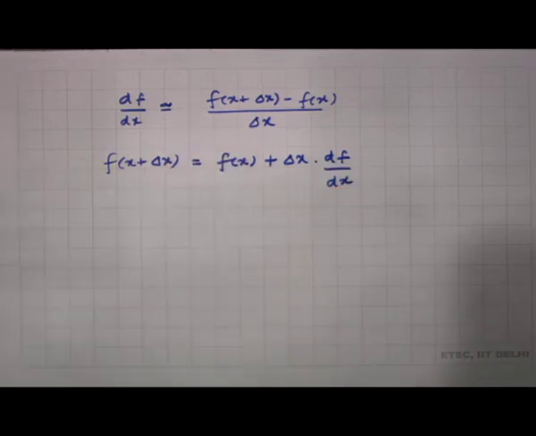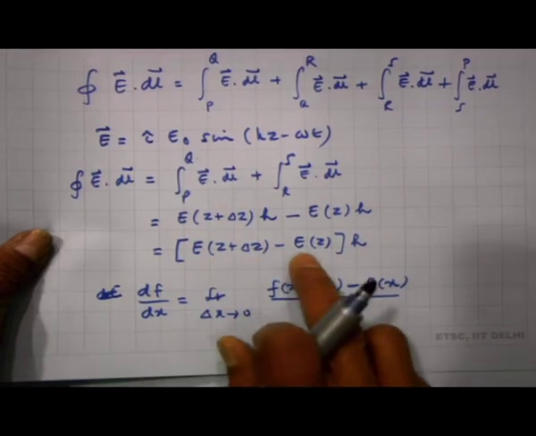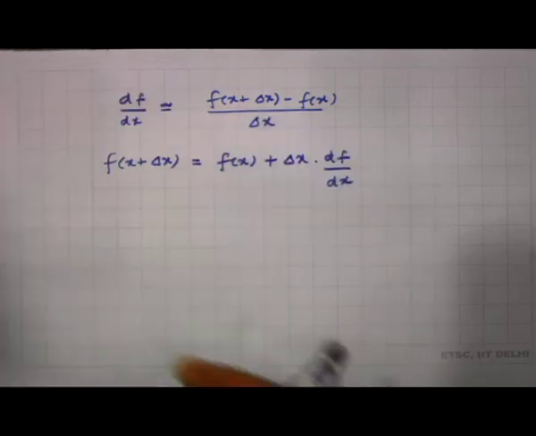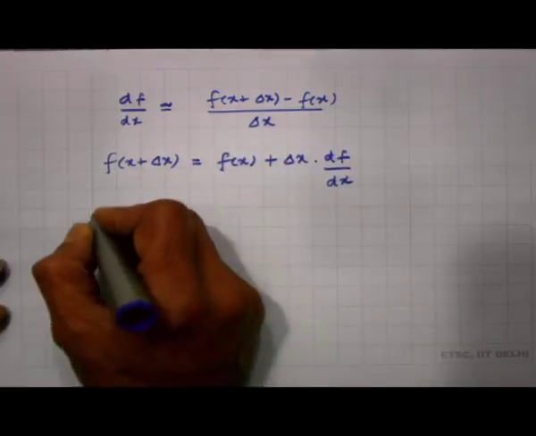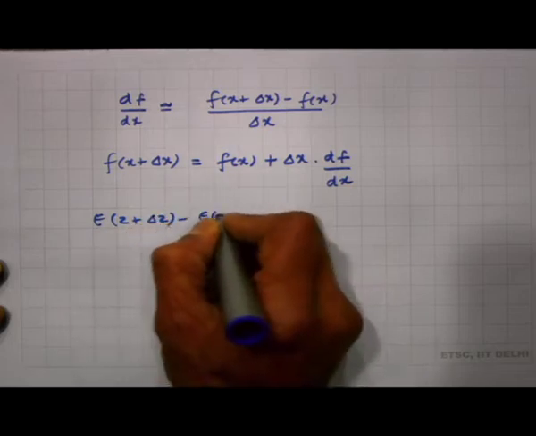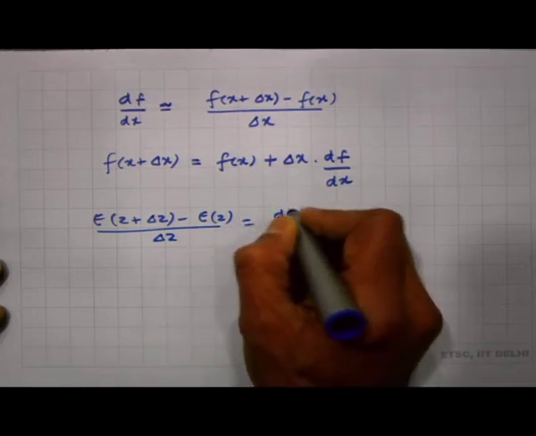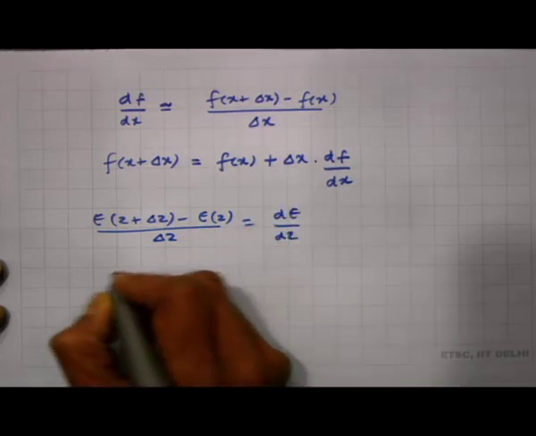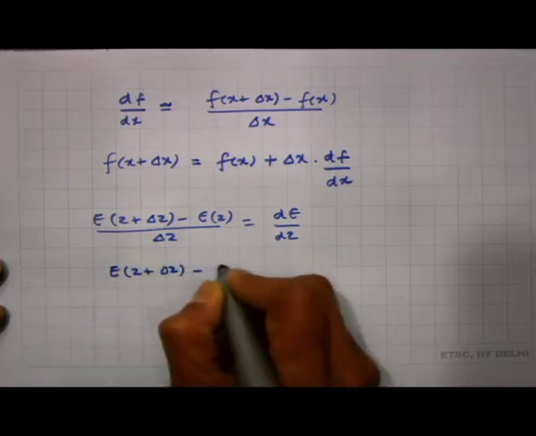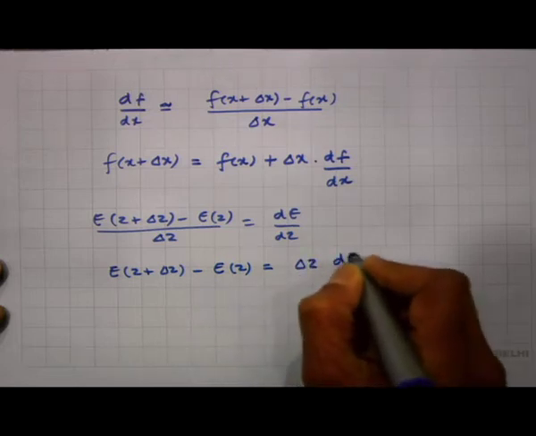Now, if you look at this equation and this term here, it is E of z plus delta z minus E of z. This is f of x plus delta x minus f of x. So, I can write immediately E of z plus delta z minus E of z by delta z is equal to dE by dz, which means that E of z plus delta z minus E of z is nothing but delta z times dE by dz.